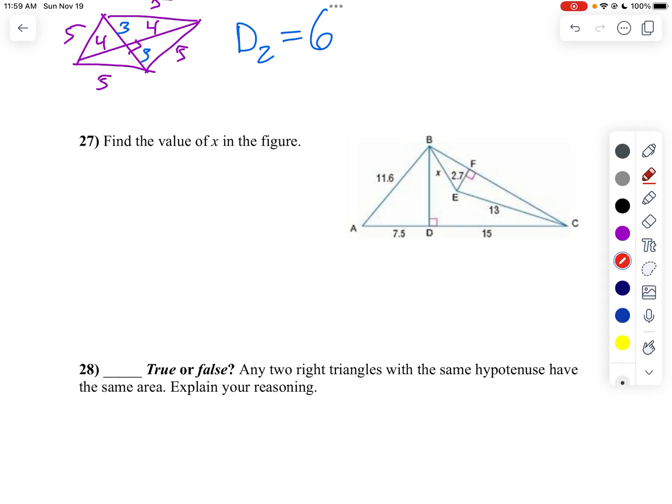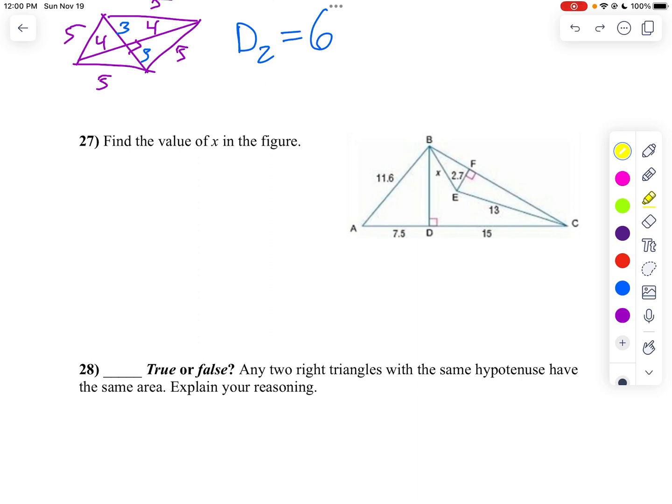And I will start with my triangle here. And let me see here. No, I won't start with that triangle, because I don't know that triangle ABC is right. So let's redo that. And let's find B to D. Can I find that?